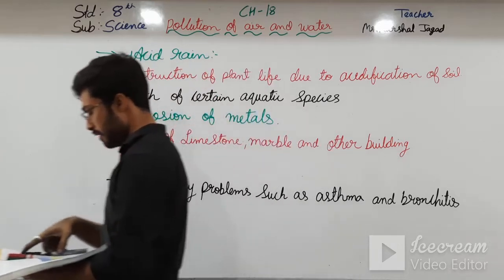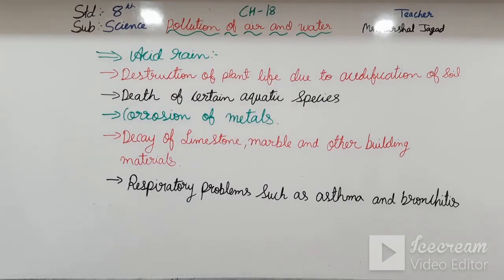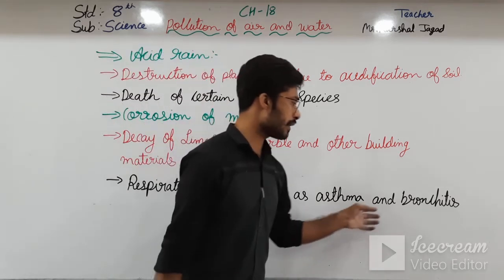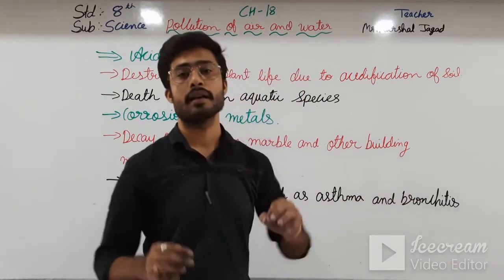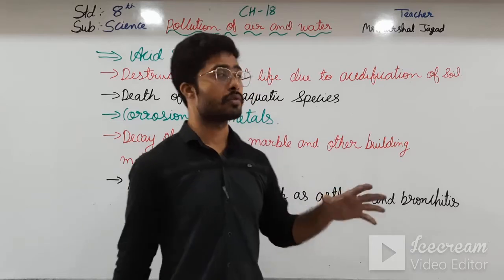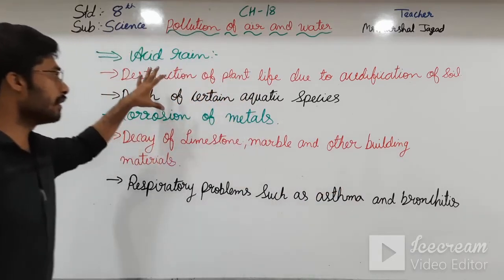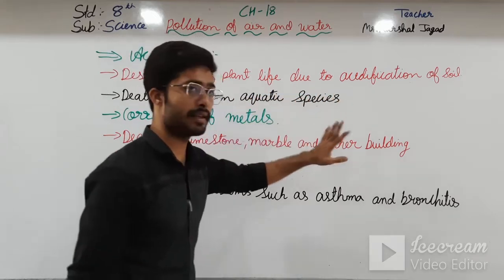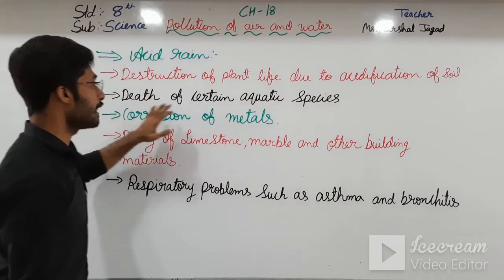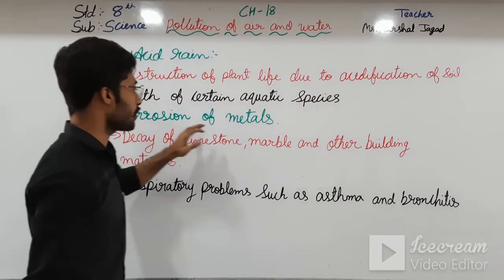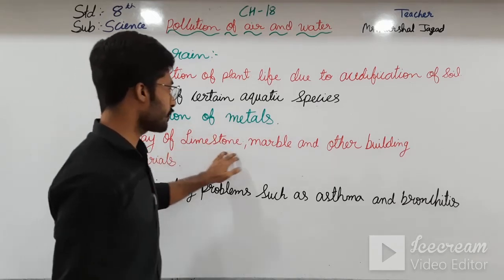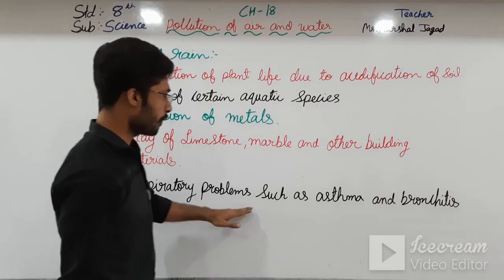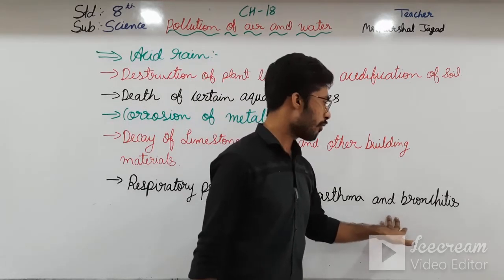Due to the acid rain, the respiratory problems such as asthma and bronchitis are there. Okay students, so these are some of the harmful effects of the acid rain: destruction of plant life due to acidification of soil, death of certain aquatic species, corrosion of metals, decaying of limestone, marbles and other building materials, respiratory problems such as asthma and bronchitis.